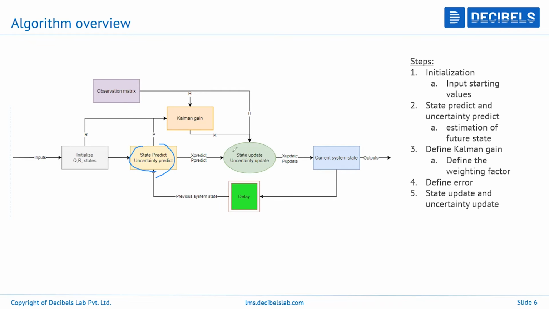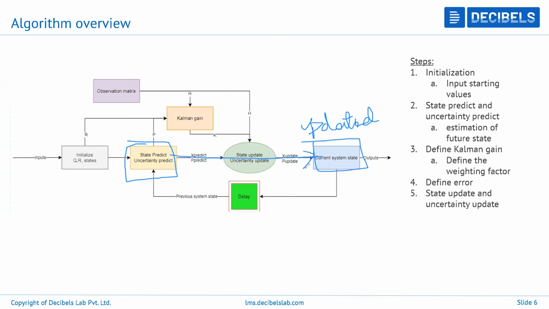Then we'll go into what is called the state update. Then we go into estimating the current system state. The state update is once again dependent upon other things like the Kalman gain, observation matrices, and things like these. All you have to keep in mind is that this state prediction and the current system state, that is the updated state, will be continuously in a loop.